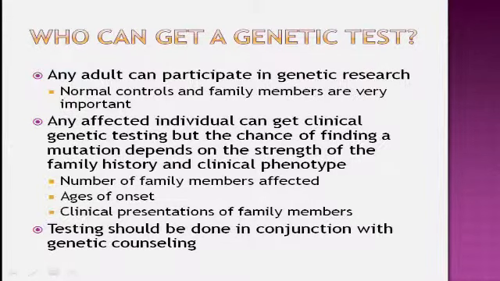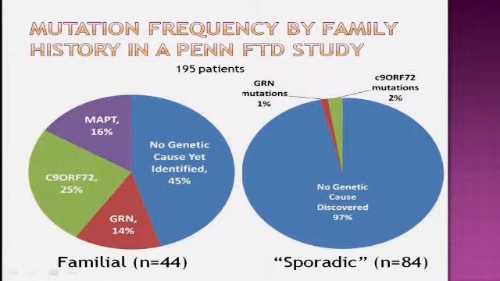That all goes into play in terms of deciding what testing to do and whether it's worth it to do the testing, because there generally is a fee, and if there's a low likelihood of finding something, you may not want to go to that expense. And of course, testing should be done in conjunction with genetic counseling.